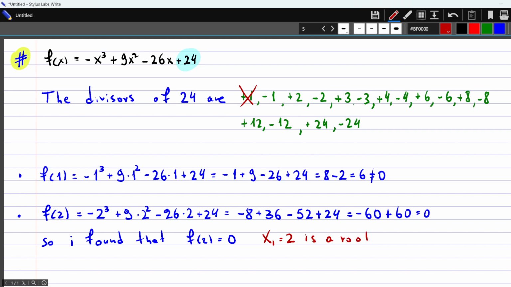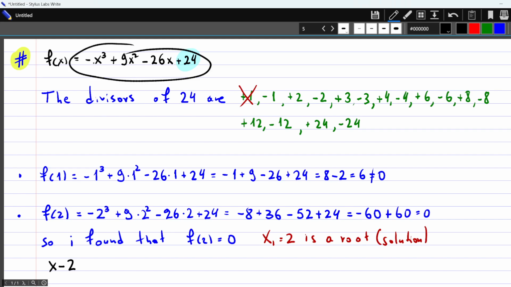I've found one root or a solution. But what I care most about here is that x minus 2 divides this polynomial, which means it divides this polynomial and it leaves a remainder of 0.